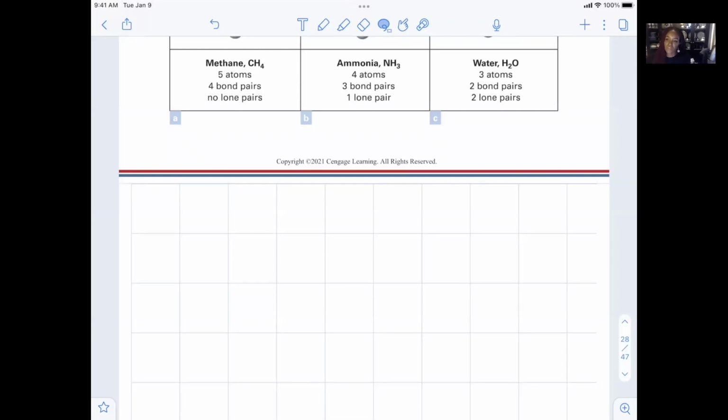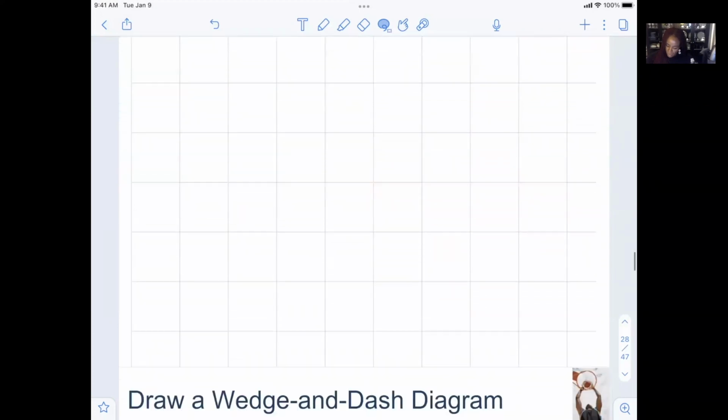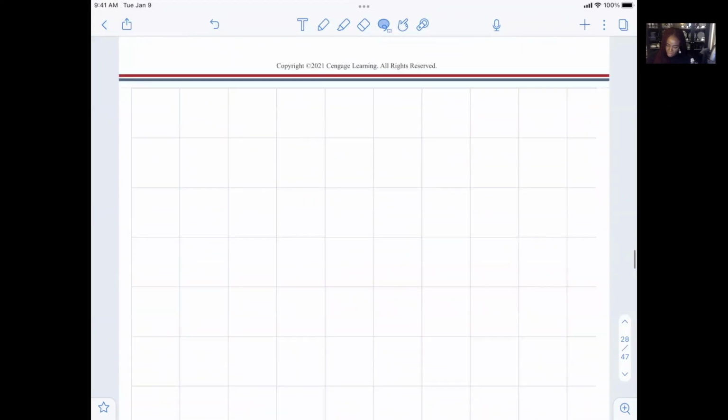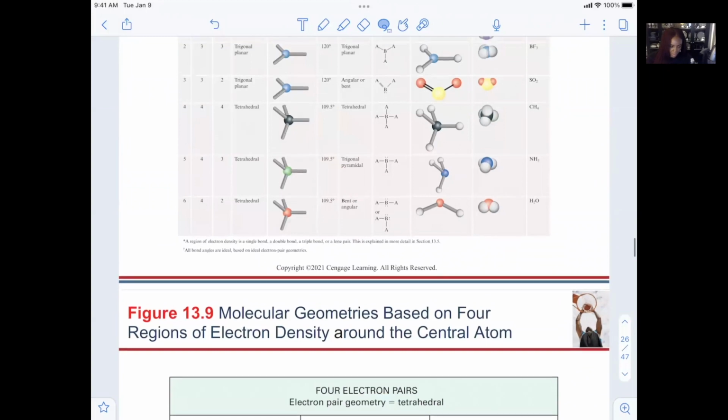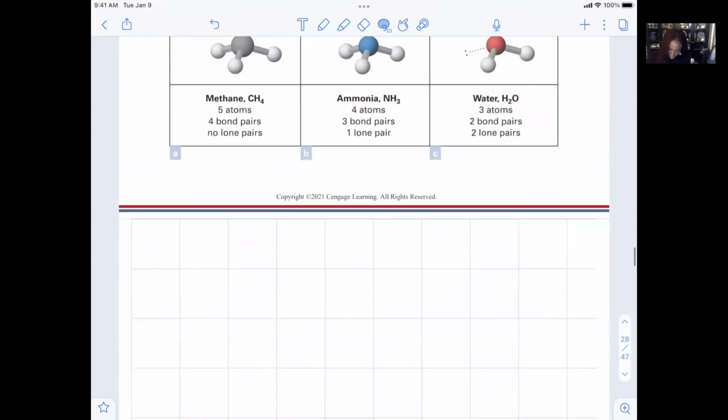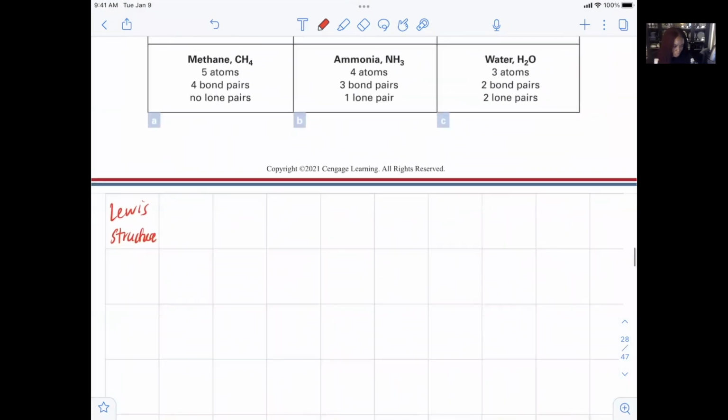Okay, so what I'm going to do now is create this table. This is going to be similar to the one that's provided. Oops, where is that? Right here, okay? So I'm going to have my Lewis structure here. Oops, hold on a second. My Lewis structure here. I'm going to have my space to write, but you want to create something similar in your notebook.